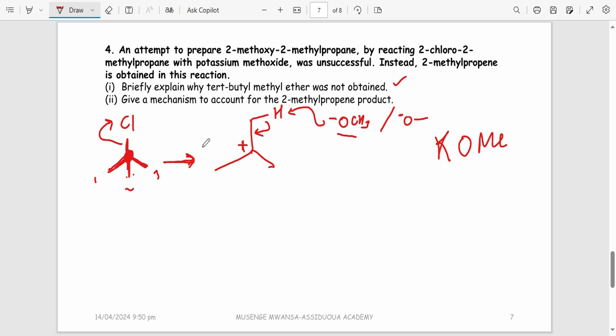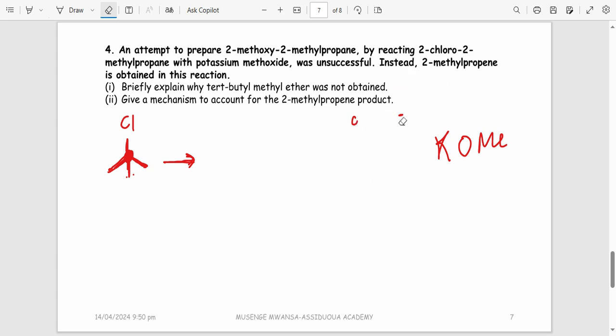But for this one, we haven't even been told the solvent. So the reaction can even go by E2 because we don't know the solvent. If it is a protic solvent, we know that the reaction is going to go by SN1 because it's going to stabilize our ion.